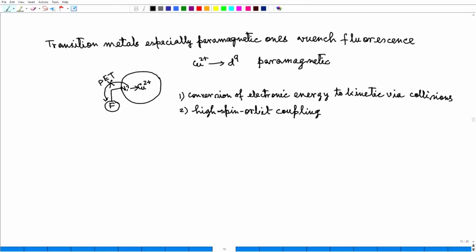Then number 3, redox perturbation. Transition metals are redox active, so redox perturbation can also quench fluorescence.